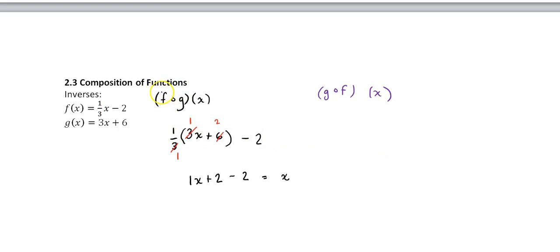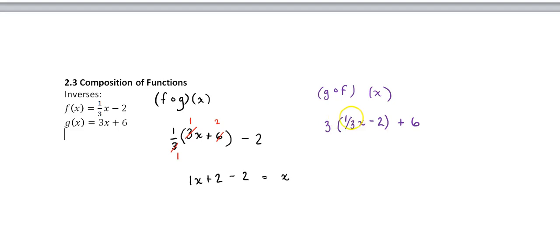In this case, I'm going to have my 1/3 x minus 2, and that becomes my new x going into the g. And now I'm going to have a 3, right? This is my x, my 3x plus 6. So that's going to be a plus 6.